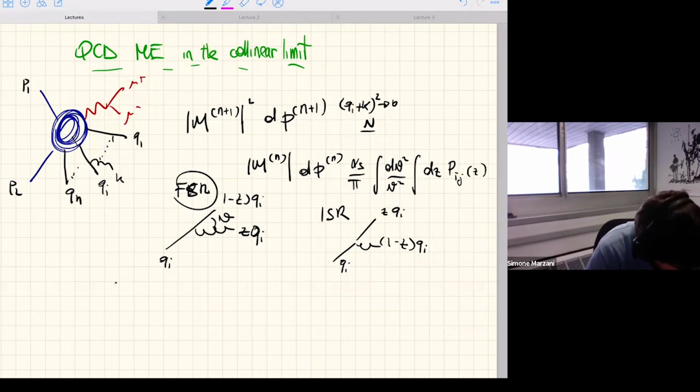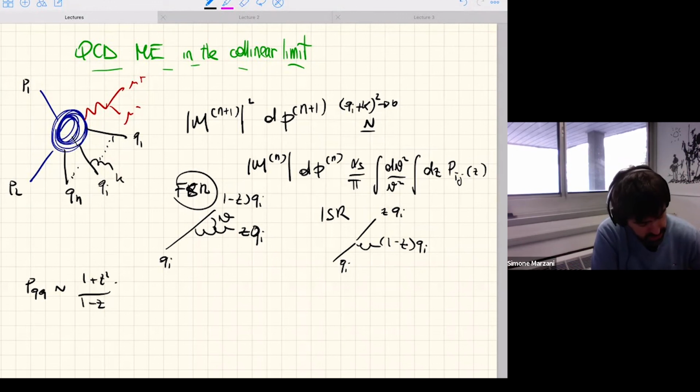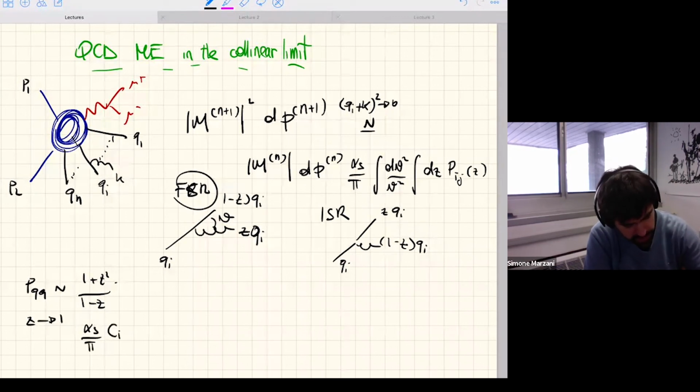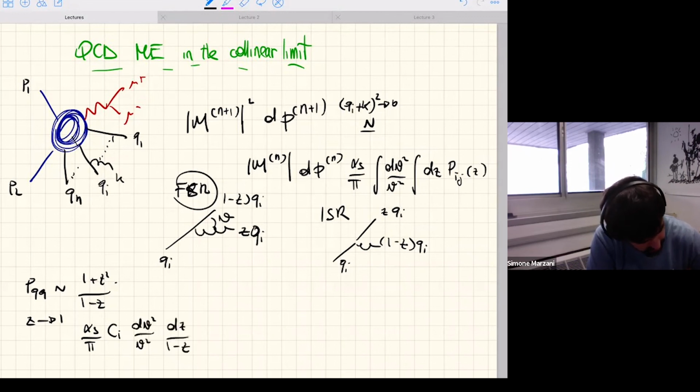Now, what is interesting is that some of these splitting functions are also enhanced in the soft limit. For instance, we took P_qq, which has this form. This was for a space-like splitting, and so the soft limit was where z goes to 1. So for initial state radiation, the phase space of the emission will be the color factor, which lives in the splitting function, theta square dz over 1 minus z.